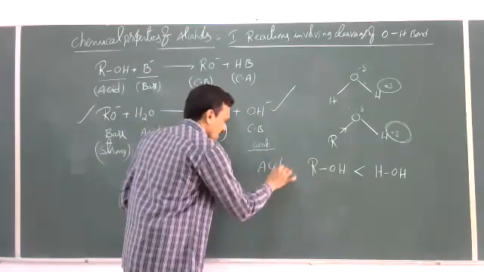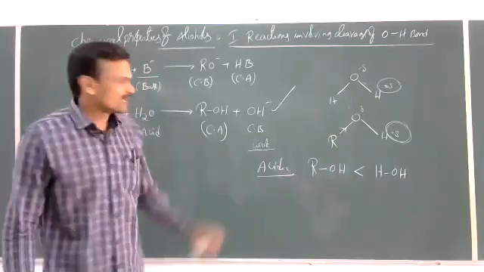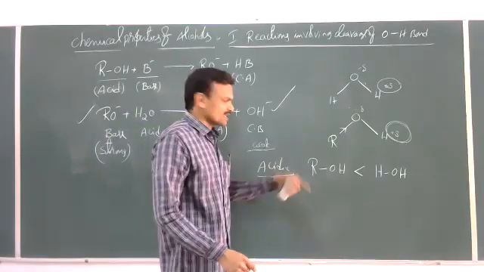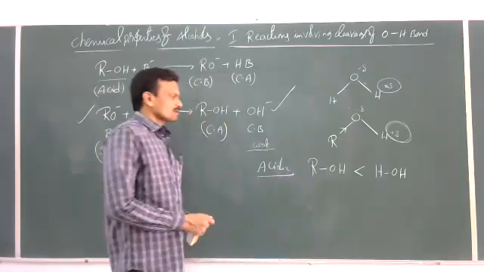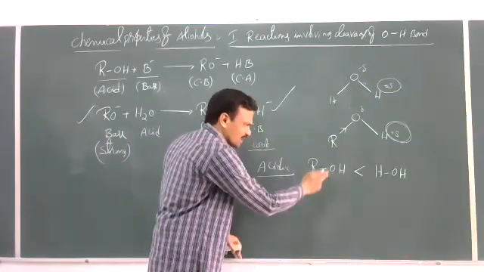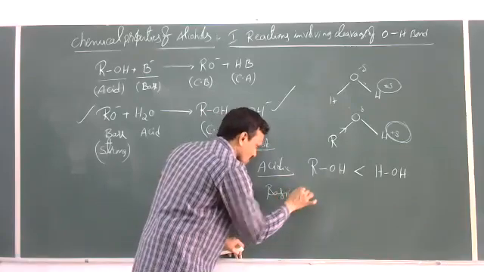As you know, according to Bronsted theory, a strong acid has a weak conjugate base and a weak acid has a stronger conjugate base. Now, as alcohol is a weaker acid than water, what is the order of conjugate basic strength?